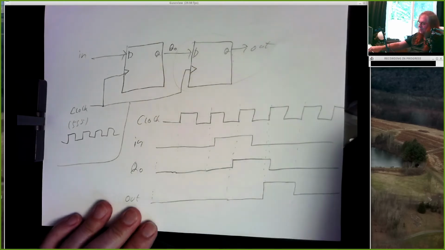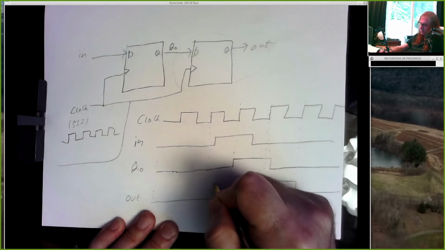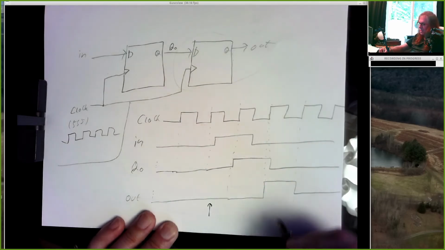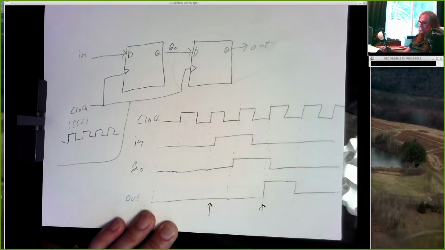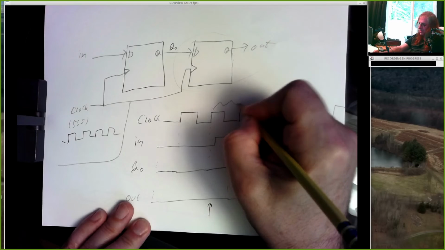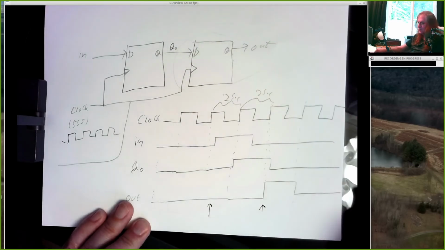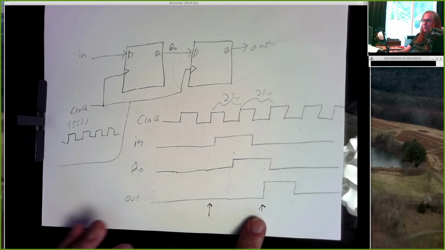So our input pulse started right here, and our output pulse started right here. And what was the total delay? Well, this is 2 seconds. This is 2 seconds. So it was almost 4 seconds.